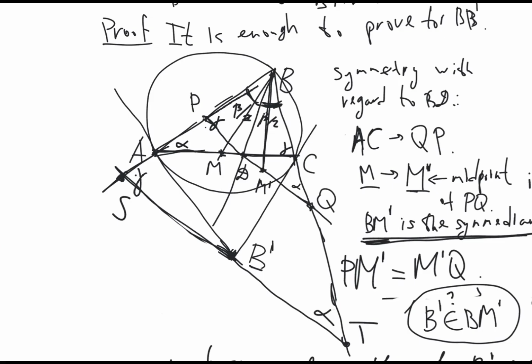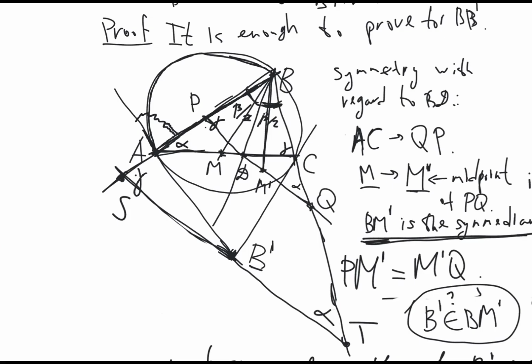Now we need to observe that this angle is an angle between a tangent and a chord, and so it is equal to half of the arc which it subtends.